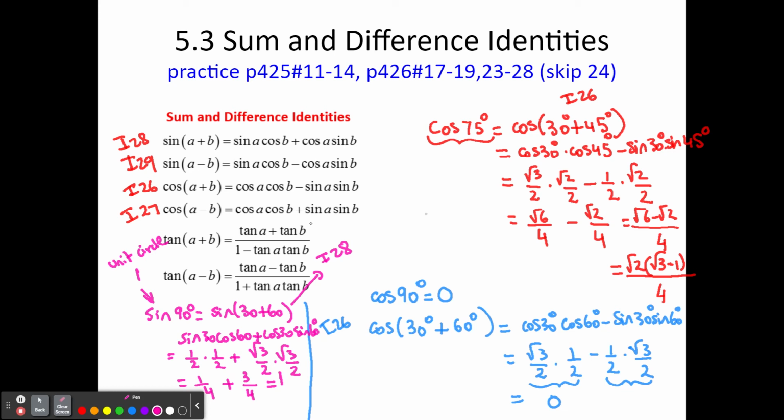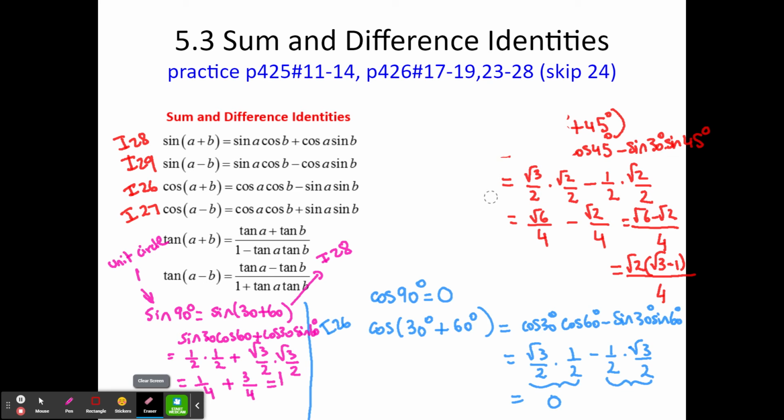The last example we're doing in this video is going to be a quick proof. So in the previous section, which is section 5.2, we did proofs. This one is a very small proof, but using the sum and difference identities, and also using the unit circle.